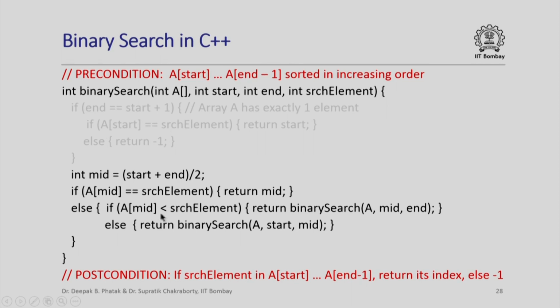So if A[mid] was less than the search element, then I know that I must search in the part of the array after A[mid] because this is sorted in increasing order. So I do binary search on the part of array A from mid through end, and whatever index it returns, I return that back. Otherwise I do binary search on the part of the array from A[start] through A[mid-1] and return whatever index it returns. So that's as easy as it.